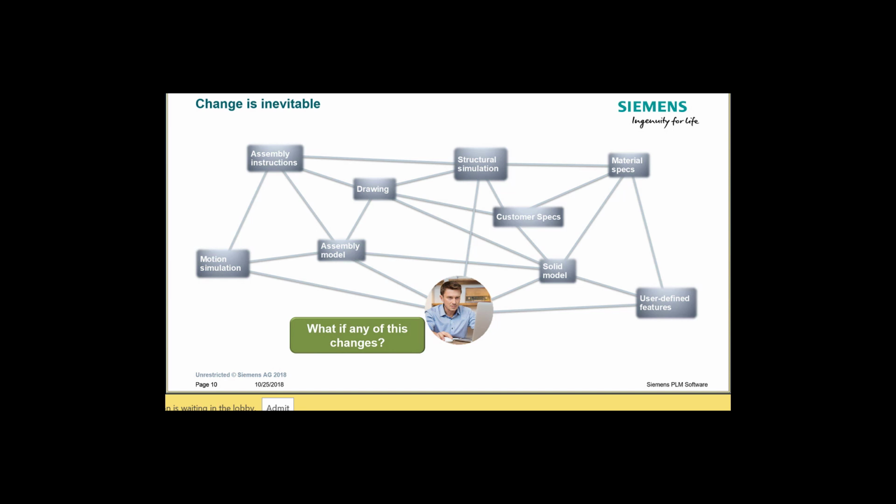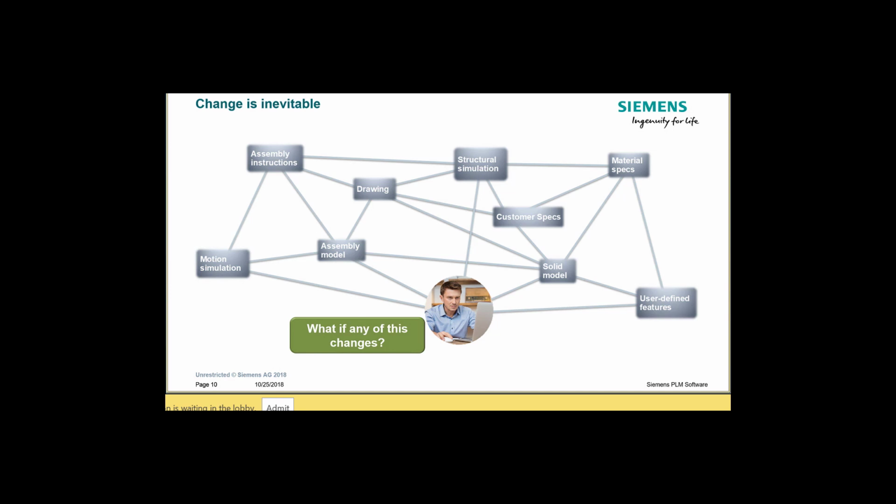Do I understand or know every piece of the product that it affects? We have CNC code, we have PDFs, we have Excel spreadsheets and Word documents all related to a product, but I need to capture all that information so when one piece of that information changes, I can understand everything it's going to affect in my product.